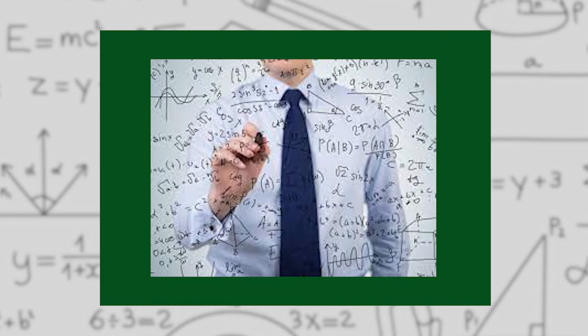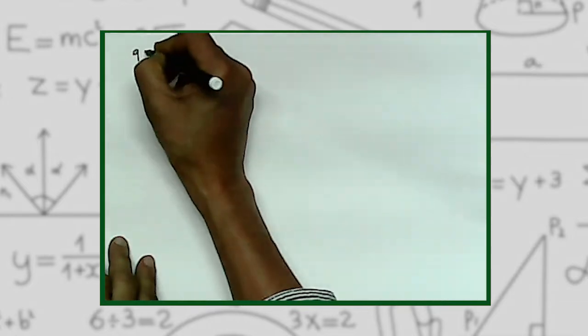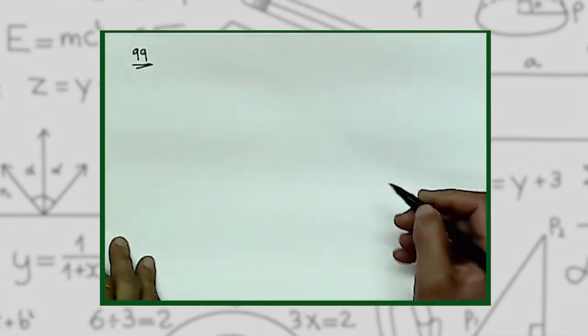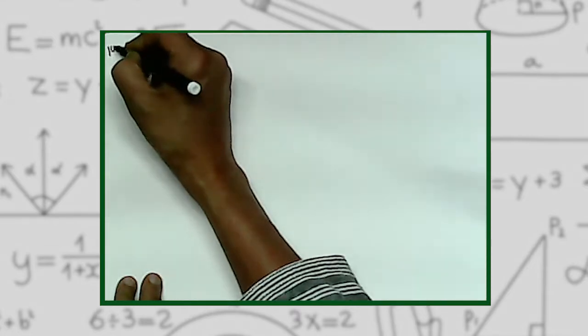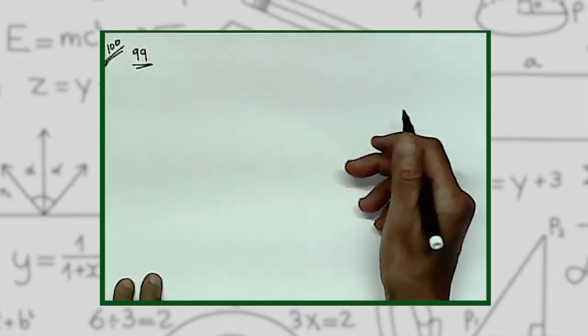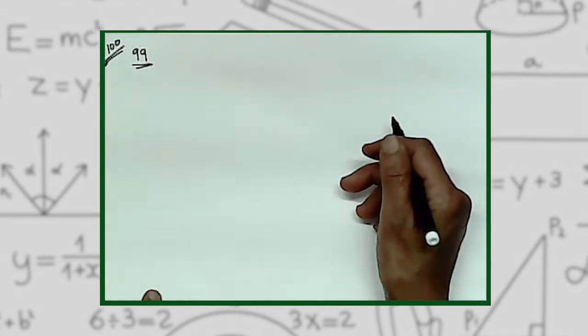Now we are going to see tables near to perfect base numbers. Suppose we have to form table of 99. As 99 is near to 100, means it is near to perfect base number.